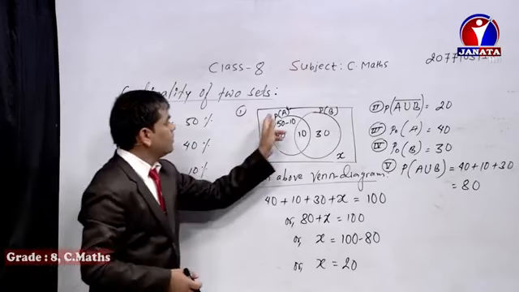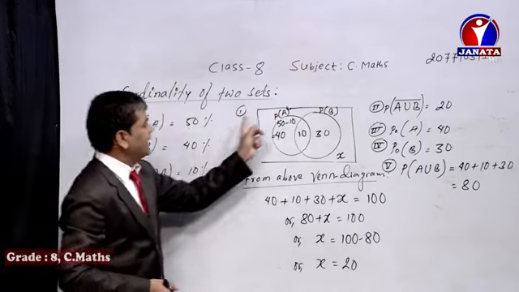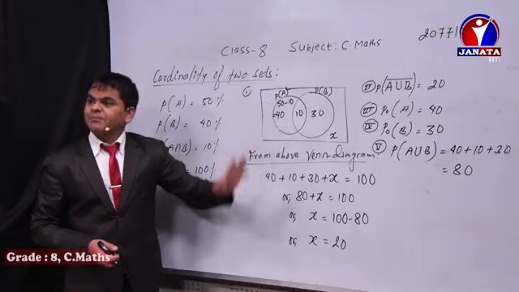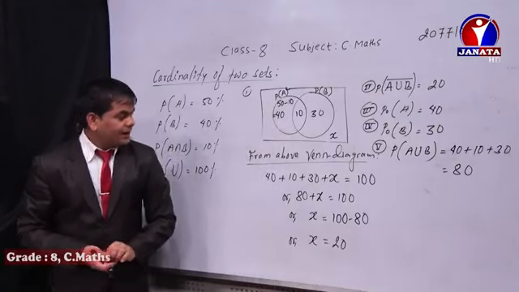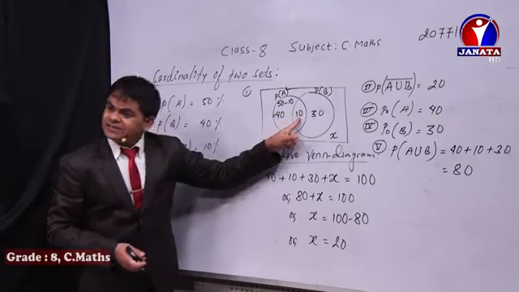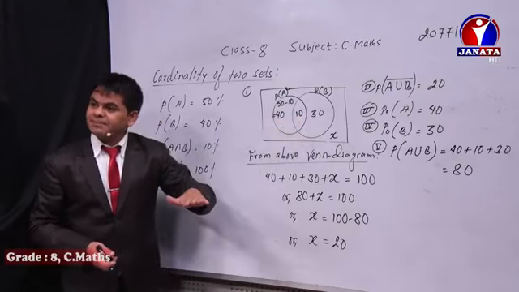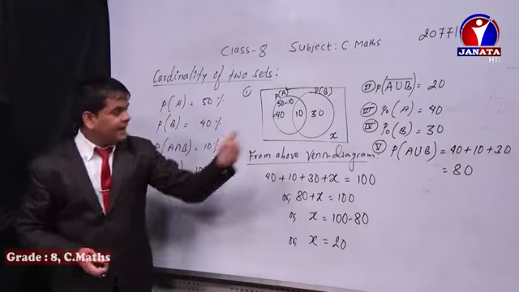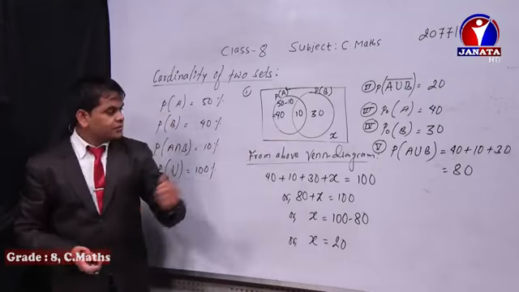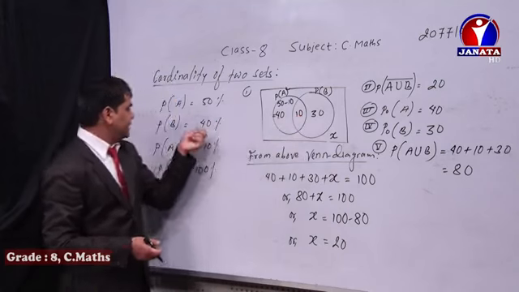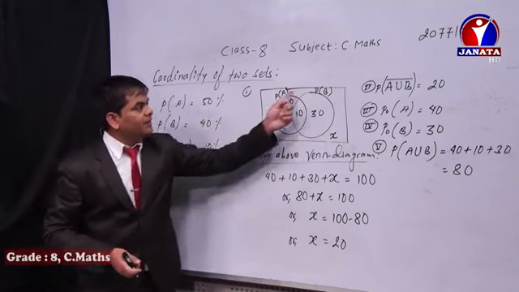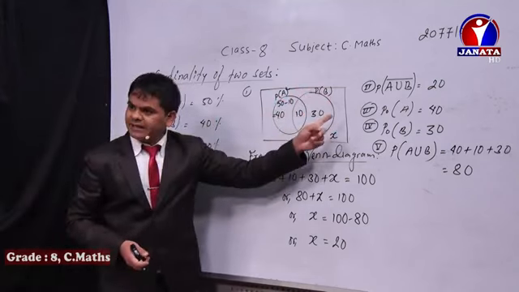So we need to fill up 50% in the circle A. 50% should be filled up in the circle A. As 10 is already kept in the intersected area, so now to be 50, how much value should be added in here? That means 40 to be 50. Now similarly, in order to make 40 in the circle B, this is circle B, isn't it?